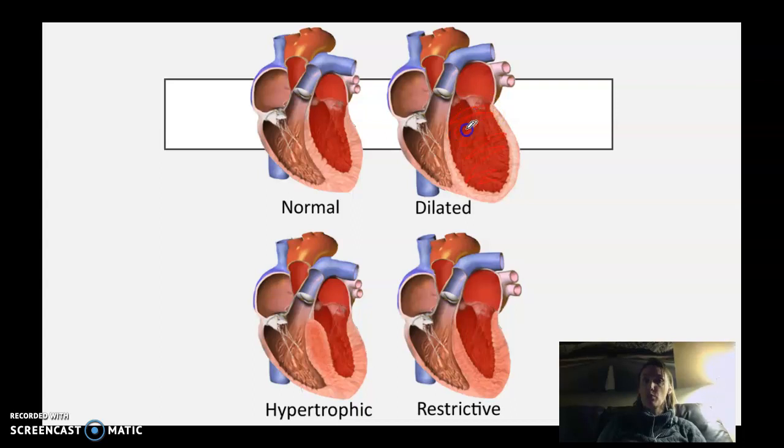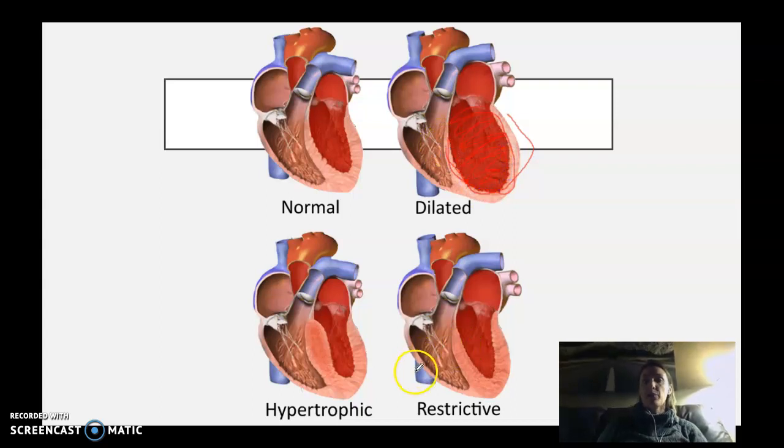We have no problem filling up this ventricle, so it is not a diastolic dysfunction. It is a systolic dysfunction because this muscle right here is thinner and stretched out, and it can become weaker and not contract as strongly as the normal heart can. So we call this a systolic heart failure.